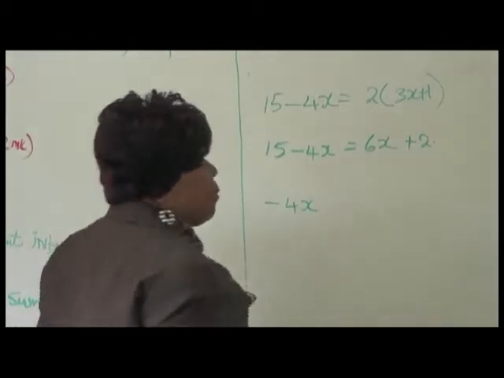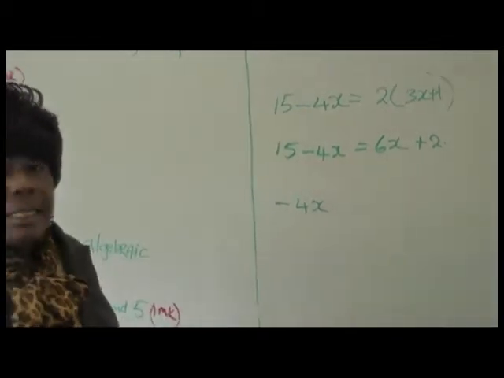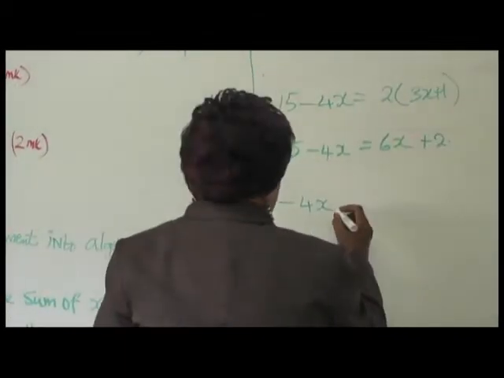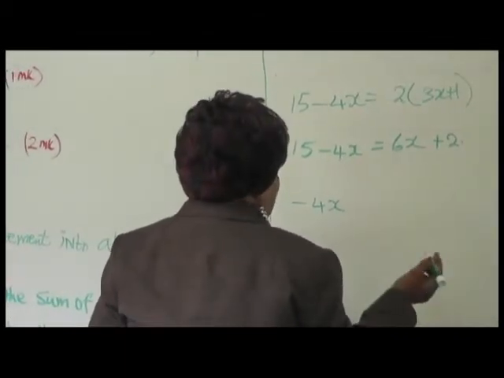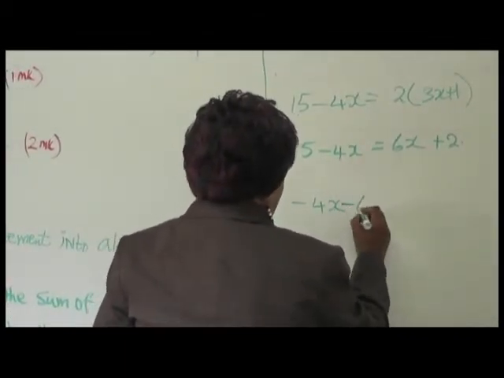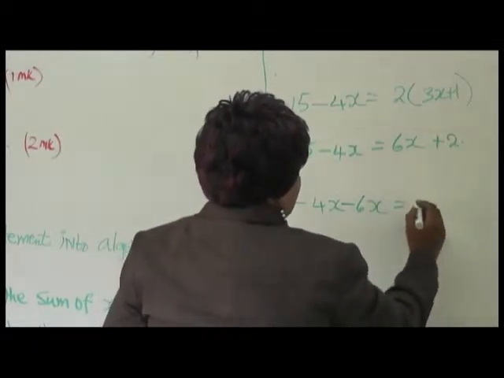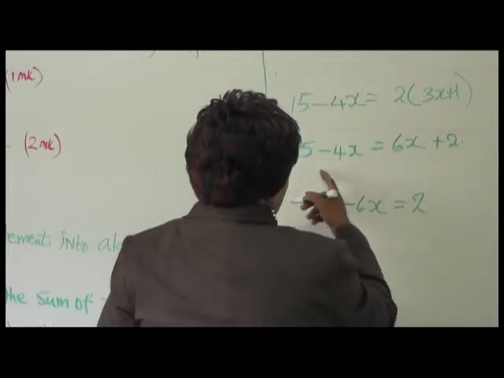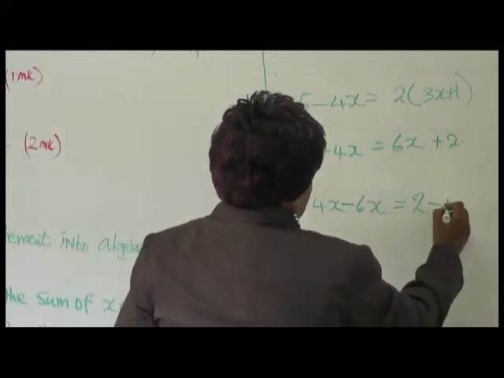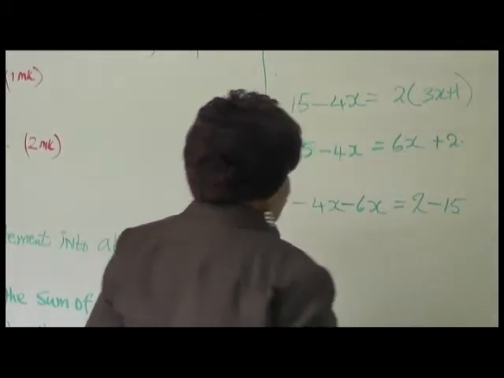And anytime we cross an equal sign, what happens? The sign of the number changes to the opposite sign. The opposite of addition is subtraction. So minus 6x is equal to, I'm leaving my 2 here, and I'm taking over 15, so it comes as negative 15. Is that true?